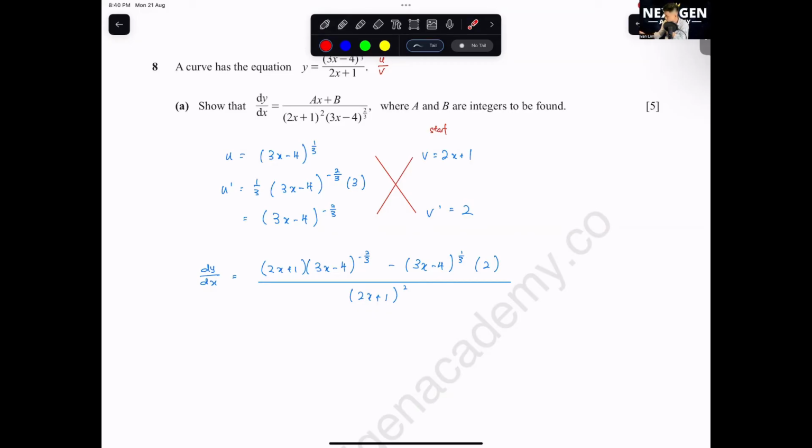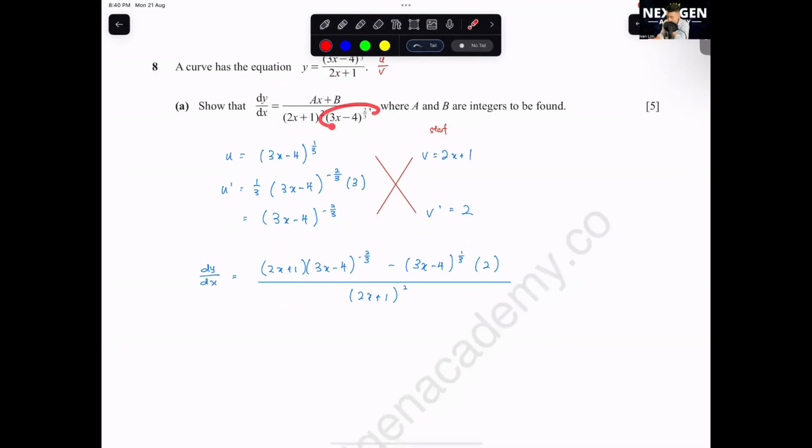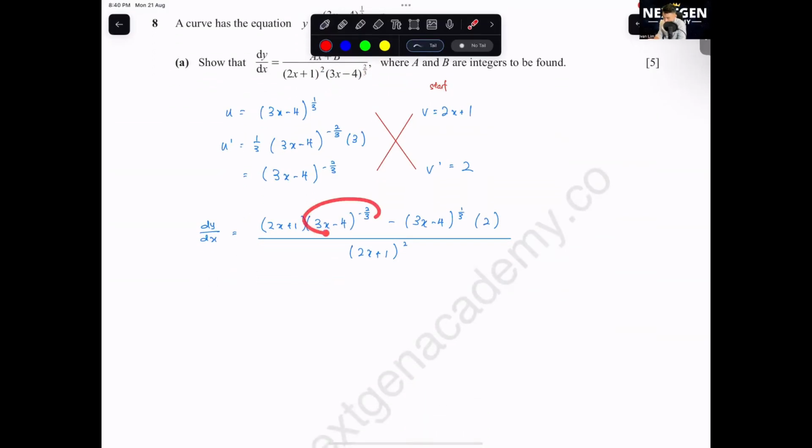Can you leave it in that form? If they ask you to put dy dx, but they are not asking you to put in this form, they want you in this form. So you see here, at the bottom here got what? 3x minus 4 power 2 over 3. Okay, so what I will do, you see, there's actually a 3x minus 4 power negative 2 over 3 here.